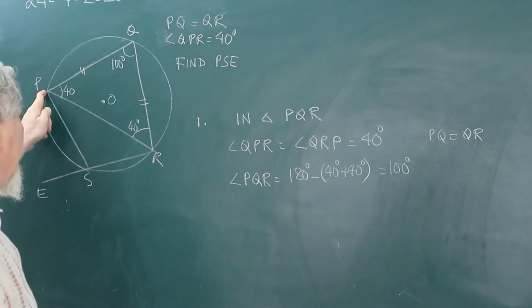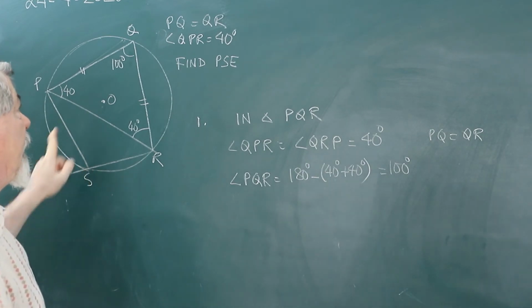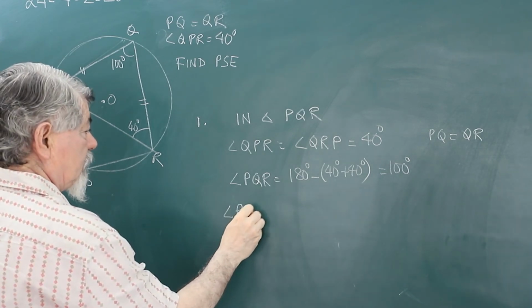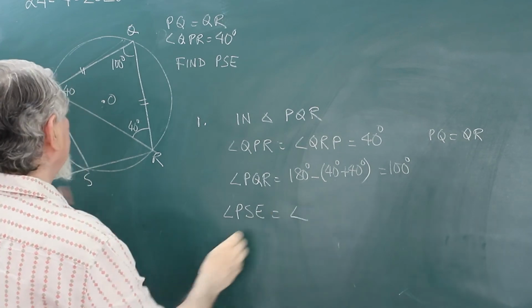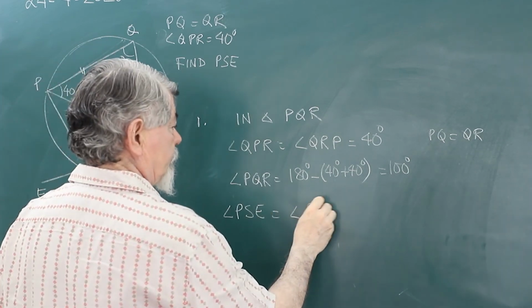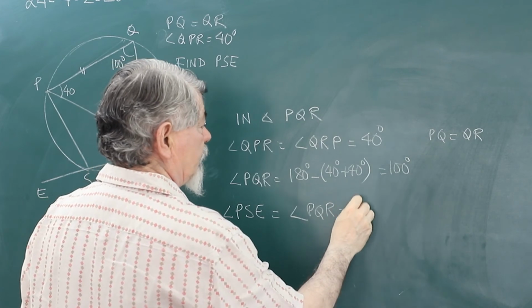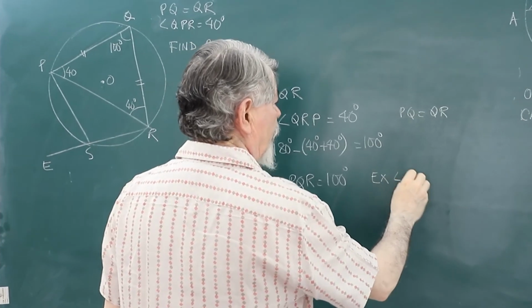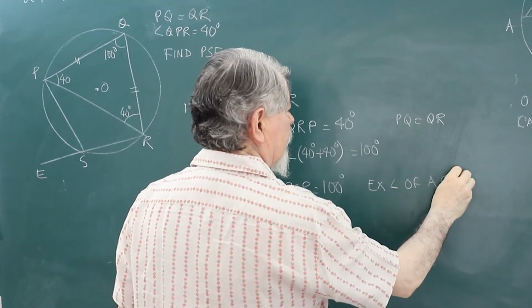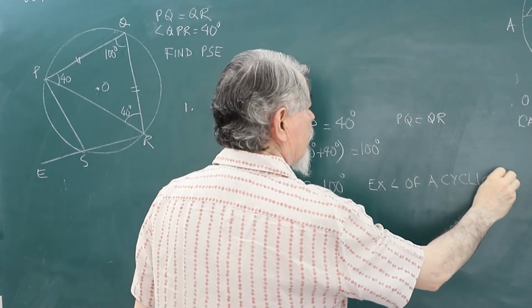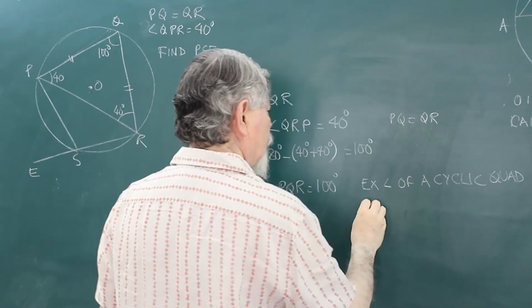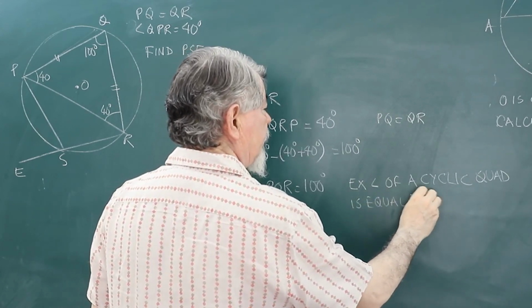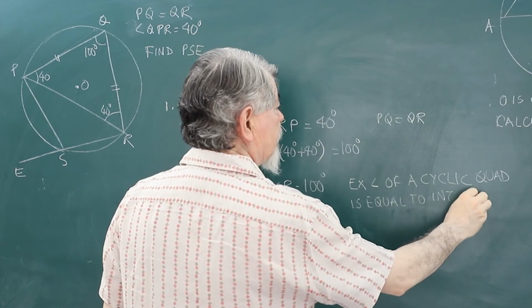I have to find angle PSE. So angle PSE will be equal to angle PQR, which is equal to 100, because the exterior angle of a cyclic quadrilateral is equal to the interior opposite angle.